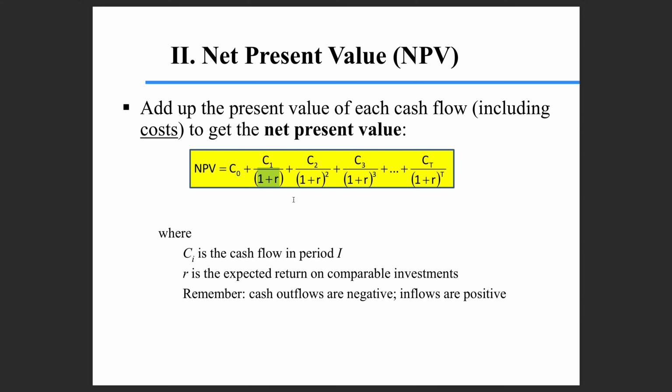reduced. The higher the interest rate, the further this number is away from 1. The lower the interest rate, the smaller this number is, the closer it is to 1. So, by dividing each cash flow by 1 plus R, the bigger the R, the smaller will be the result of each of these fractions.